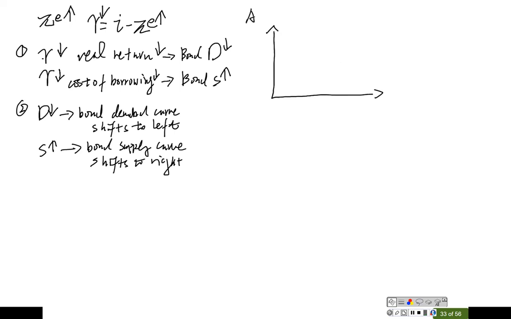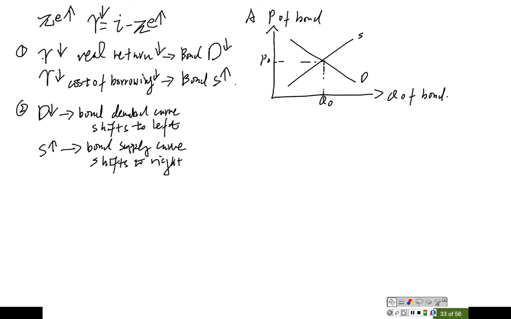The first one. Now you should be very familiar with this: price of the bond, quantity of the bond, supply and demand. The initial bond price P0 and initial bond quantity Q0.